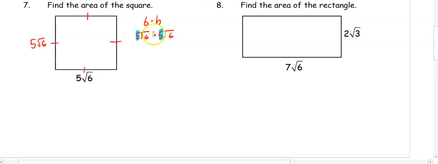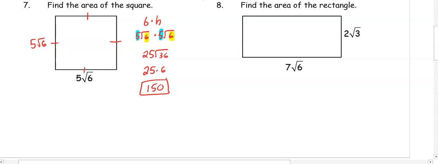And the numbers on the inside are 6 and 6. So when we multiply together, we get 25 root 36. 36 is a perfect square, so the square root of 36 is 6. So we have 25 times 6, and 25 times 6 gets us 150.